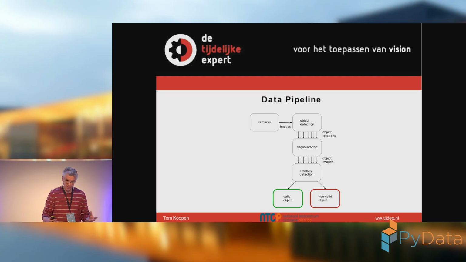So first we do object detection, which gives us a lot of detections in the image. Every detection is a bounding box, and from it we want the pixels that are part of the object. Once we have those, we do a kind of anomaly detection, and then we can decide whether it's a valid object or not, and give this information back to the customers.